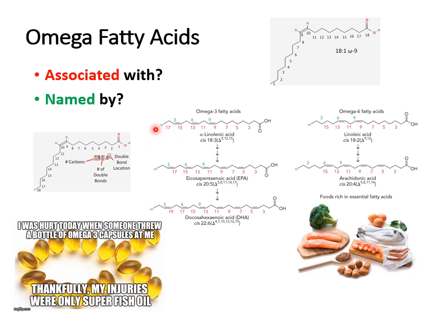So the terminal carbon, which is furthest away from the carboxylic end, this end carbon is known as the omega carbon. So whenever you want to number an omega fatty acid, for instance, if it's omega 3, that tells you that you count backwards from the omega carbon to the carbon where the first double bond is found.